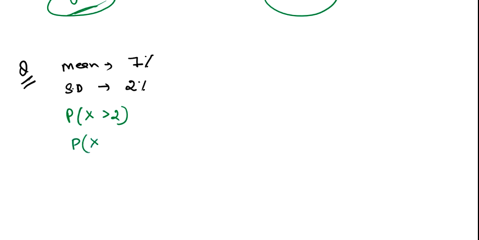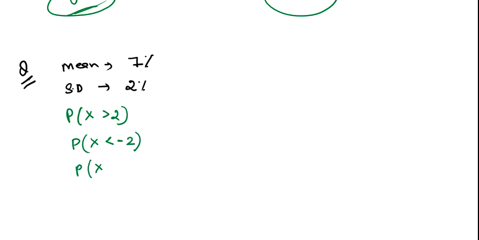Suppose the mean of the data is 7 and let us take the standard deviation of the data as 2. This is in terms of percentage. Find out the probability for x greater than 2. Find out the probability for x less than minus 2.